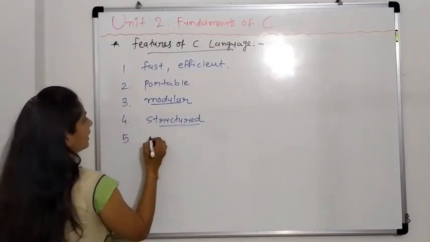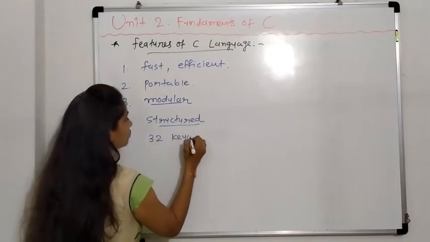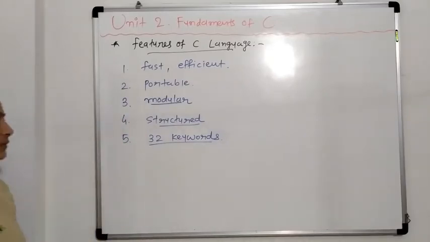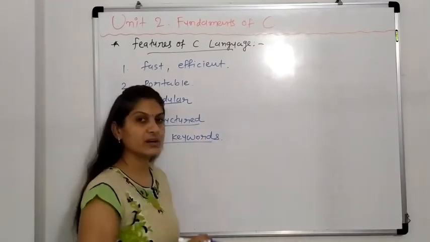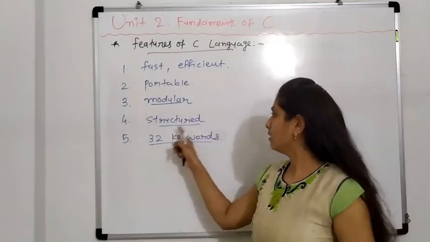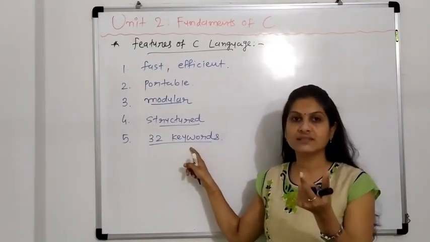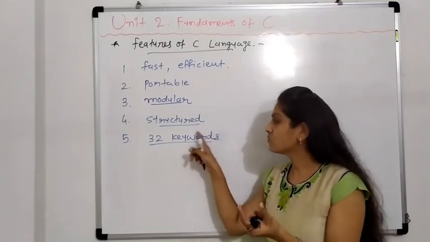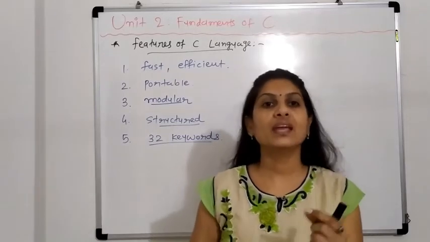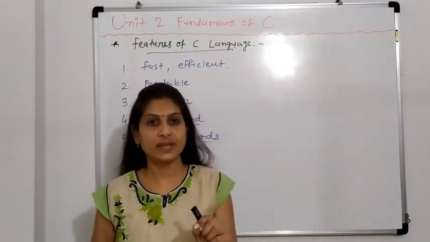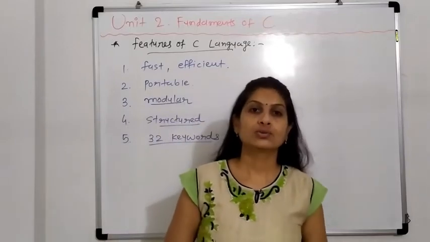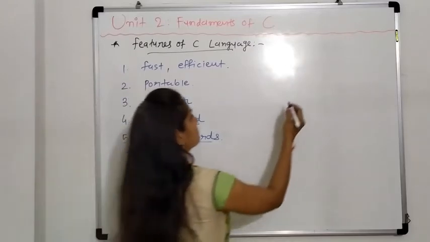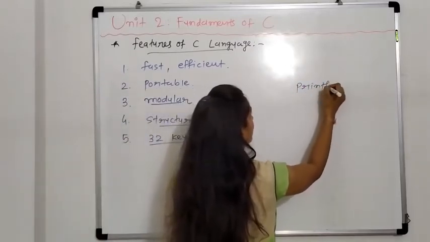Fifth is it has 32 keywords. What keywords are is theory; here we learn only the basic introduction. A keyword is one word whose meaning is fixed and known by the compiler, so we do not need to write any code for it. For example, suppose I am writing printf.